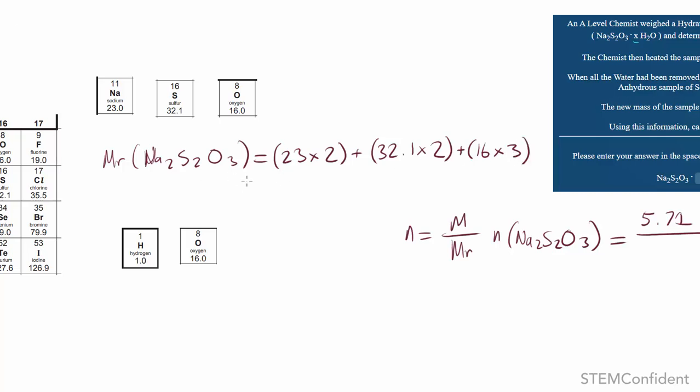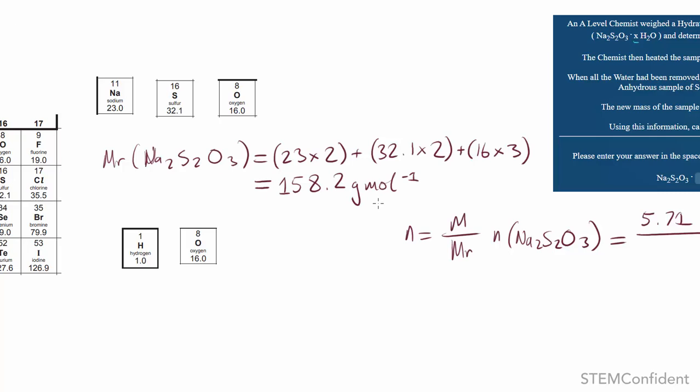Okay, and if you work that out, what you should find is that you get 158.2, and that's going to be in grams per mole.